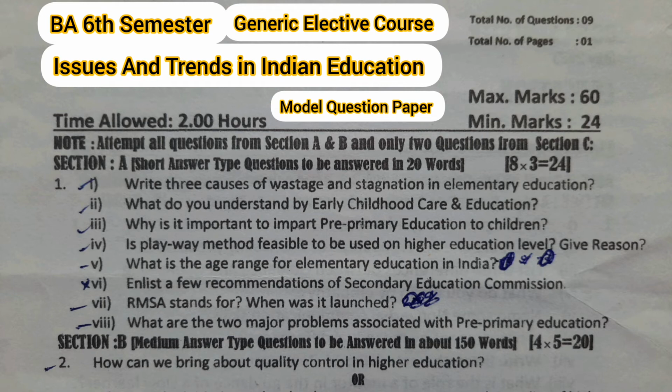Number 5, what is the age range for elementary education in India? Number 6, enlist a few recommendations of Secondary Education Commission. Number 7, RAMSA stands for. When was it launched? Number 8, what are the 2 major problems associated with pre-primary education?